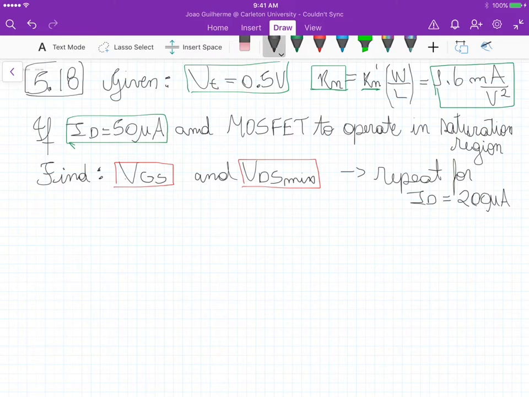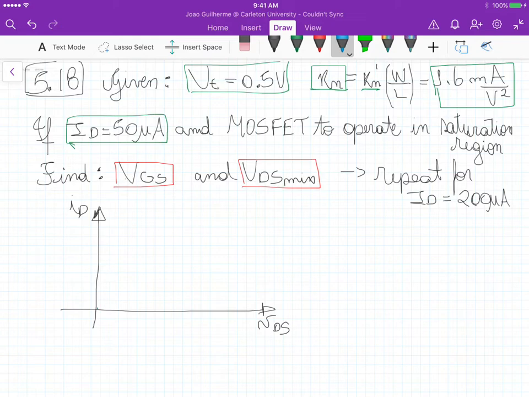Now, if you remember the curve ID over VDS, here's ID. For some specified VGS, we have this behavior here, right? So it looks like this, ignoring the channel modulation effect.